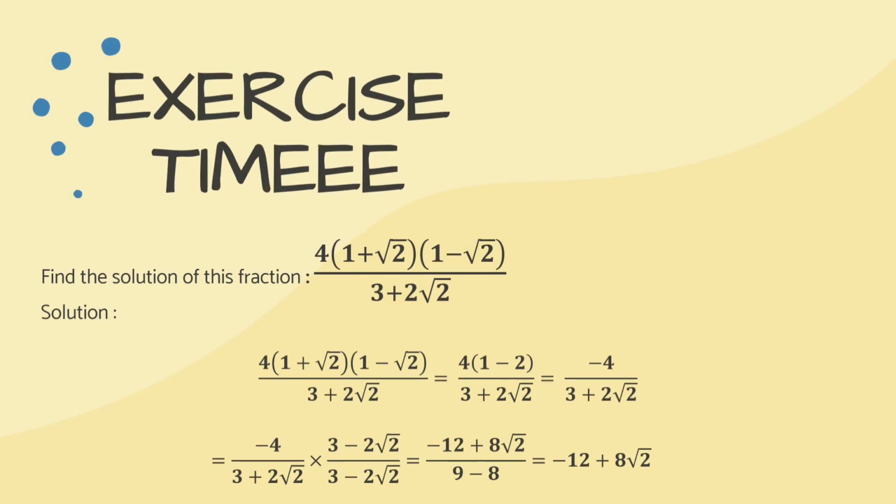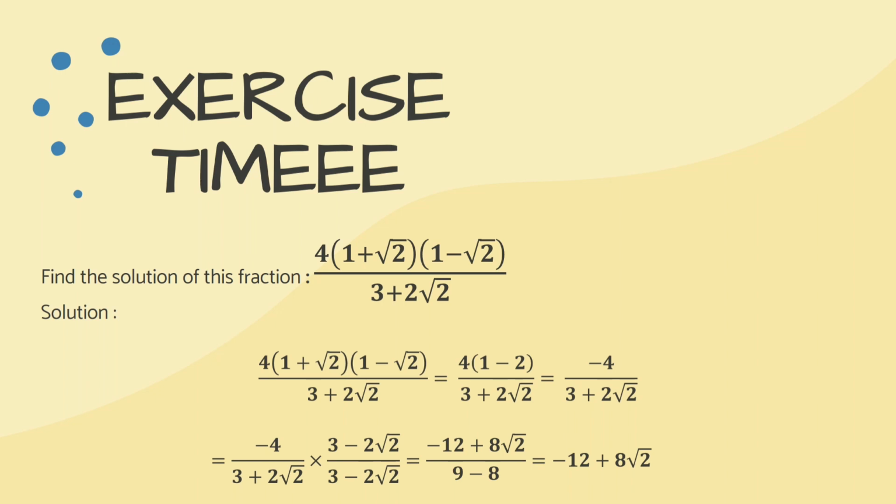So now we have exercise time. Find the solution of this fraction. So, how can we solve this one? We can solve this question just like this. First, we can multiply 1 plus the square root of 2 with 1 minus the square root of 2. And the result is 1 minus 2. And then 4 times the result of 1 minus 2 equals minus 4.